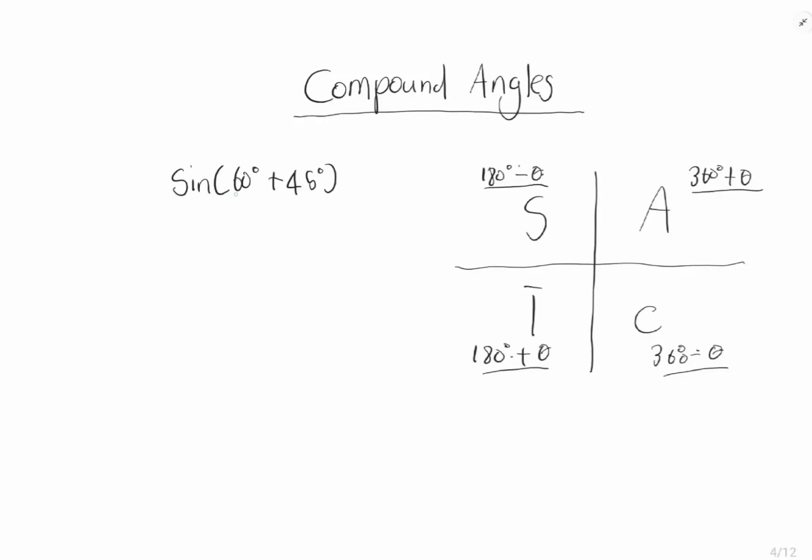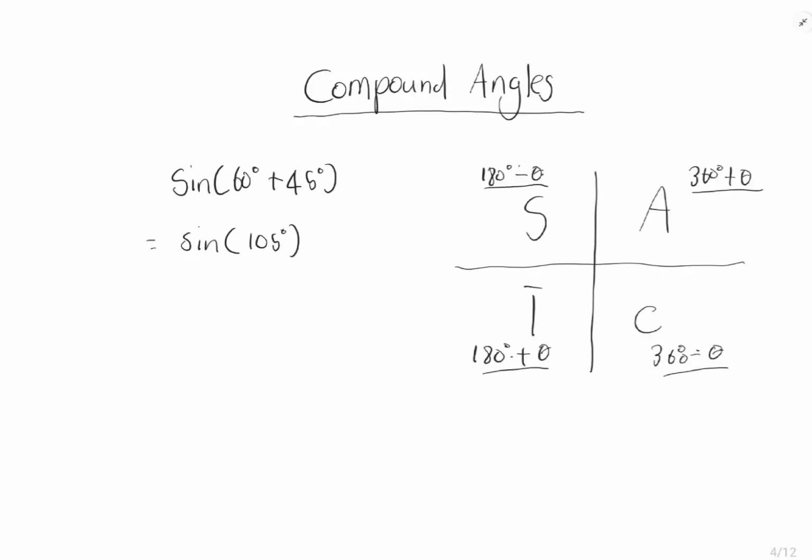Because we can see that 60 plus 45 is neither of these forms. So how are we going to solve this? I'm pretty sure you can just look at it and say we just add the angles, 60 degrees plus 45 degrees. It's going to be 105 degrees, right?